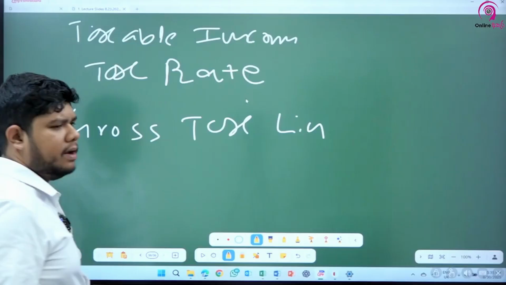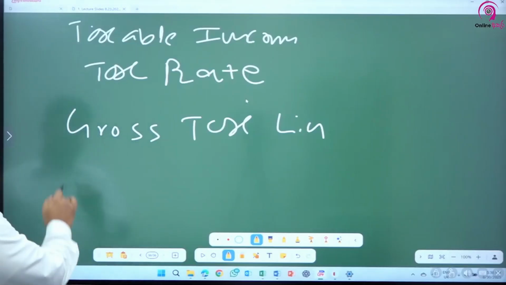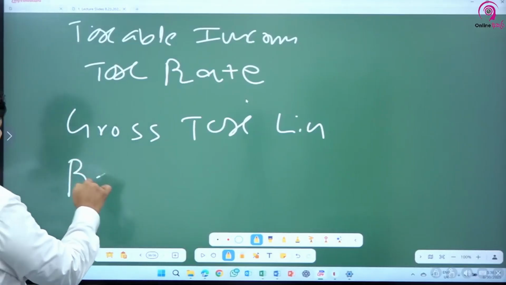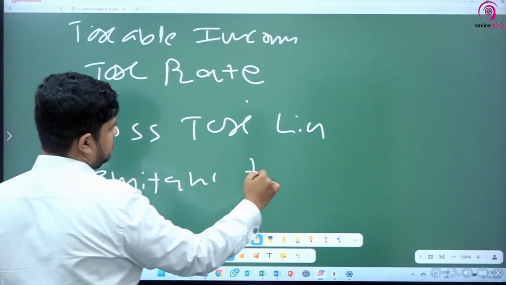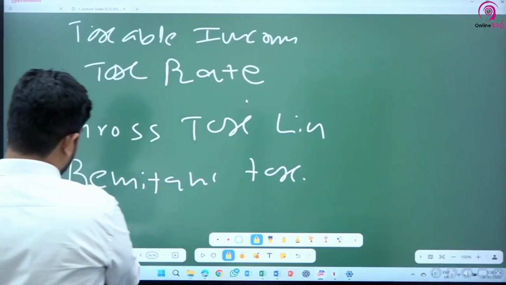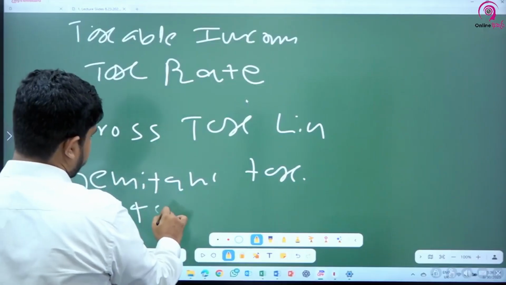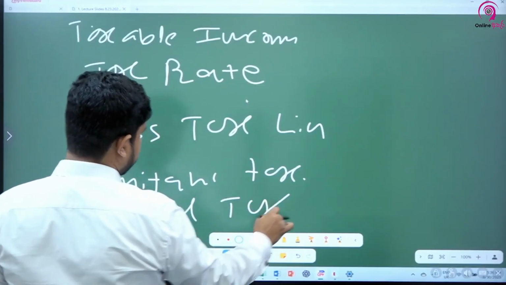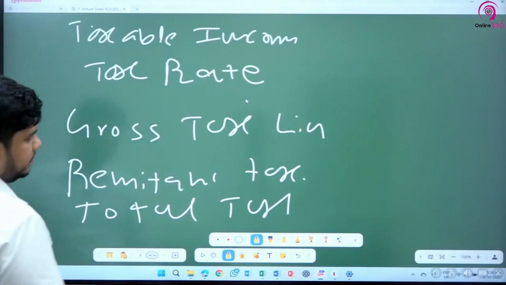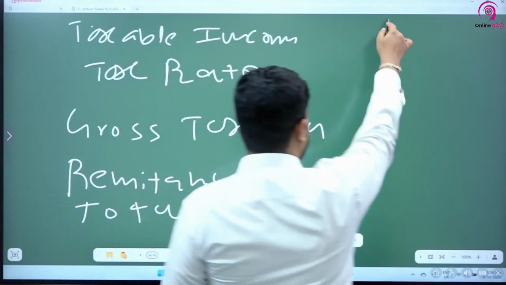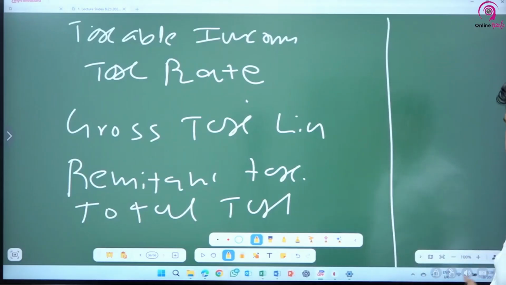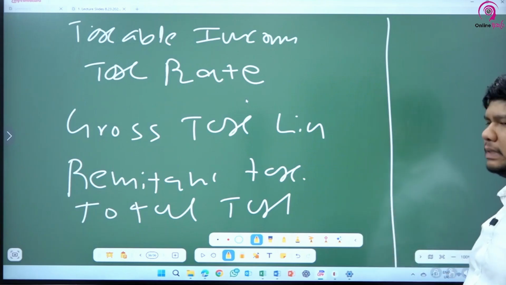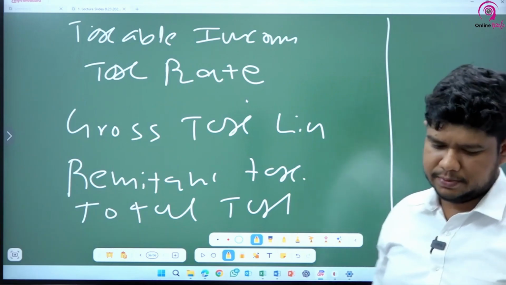And being a non-resident, you need to compute remittance tax also. Then total tax liability. Then deduct tax credit. Here there should be a column to do all these computations. Then there will be a tax credit, then net tax liability. That's the structure.